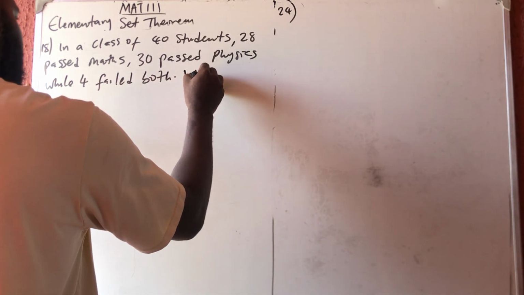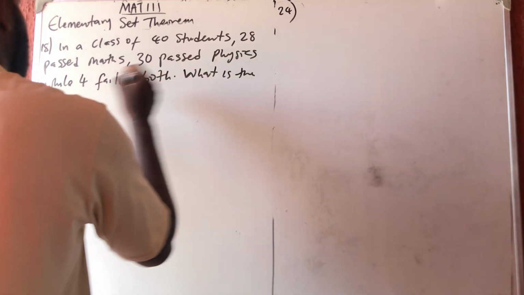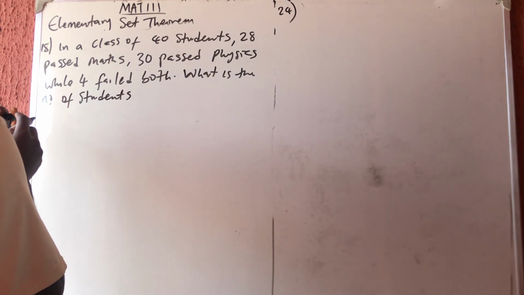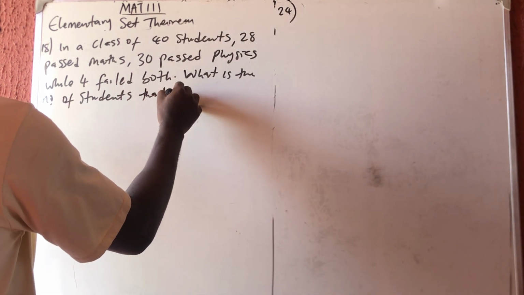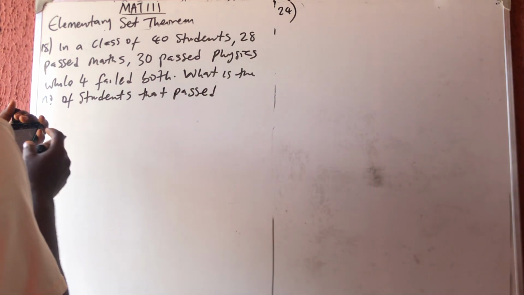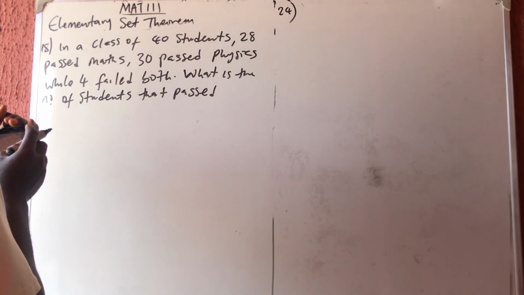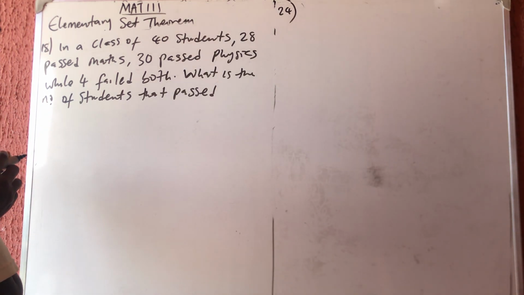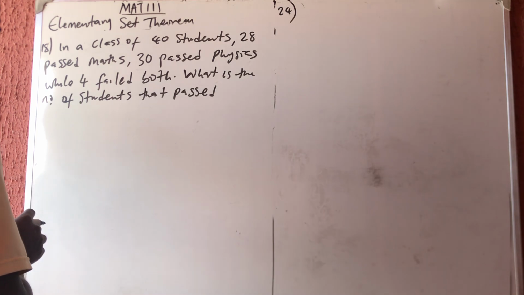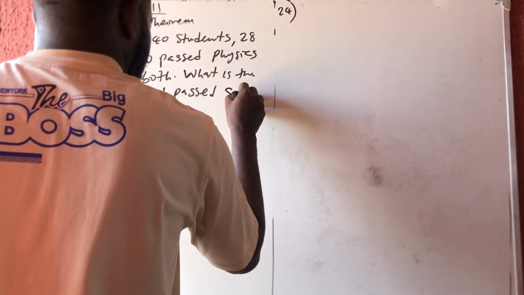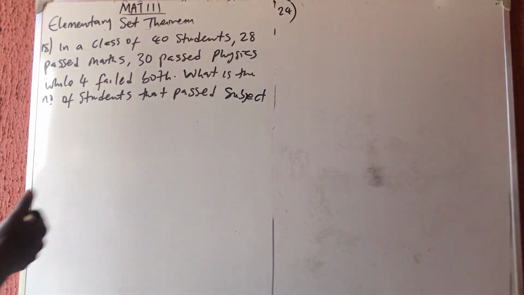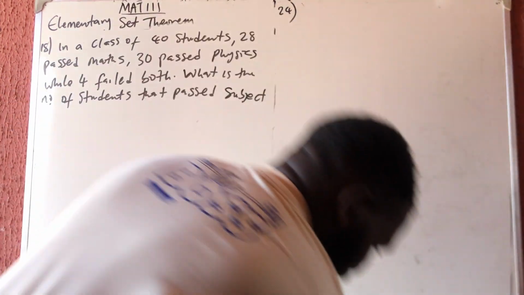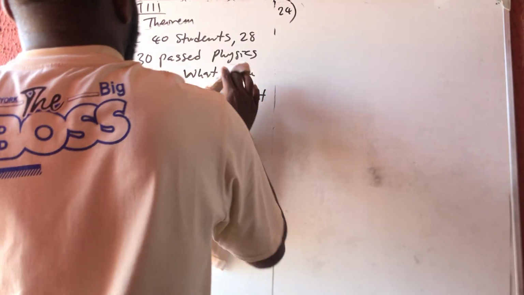They now say what is the number of students that passed both subjects? I think I solved number 18. I can't remember if I solved number 18. Okay, I think I solved it. Yes, I solved number 18. So let me continue with my number 24.